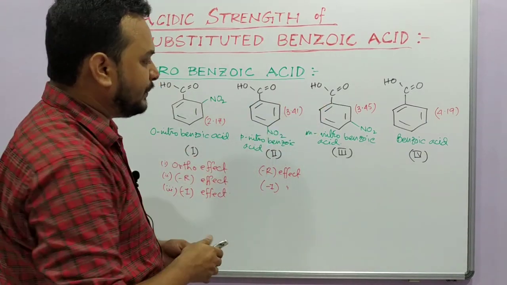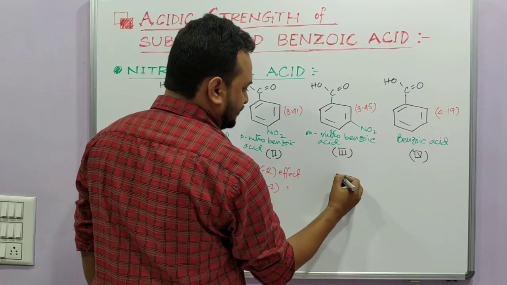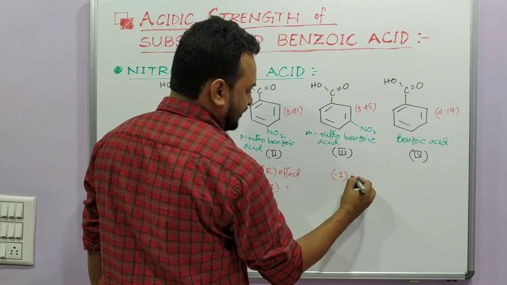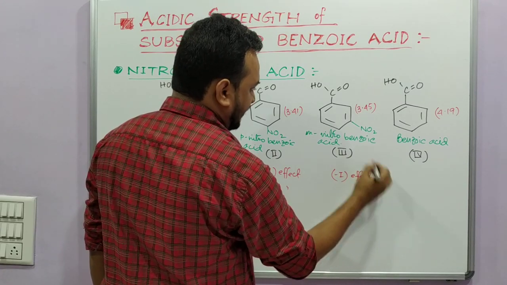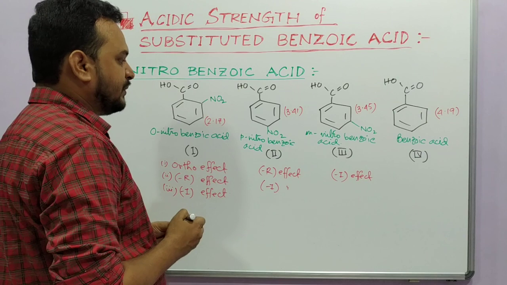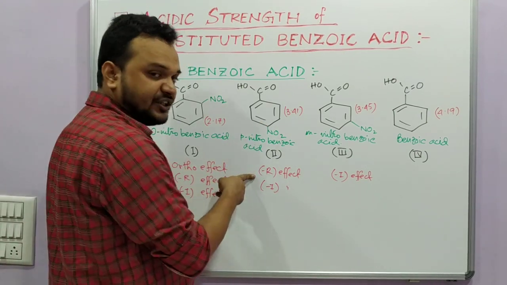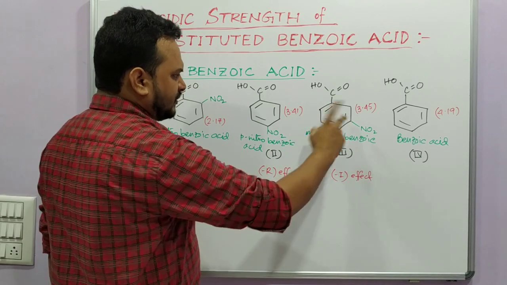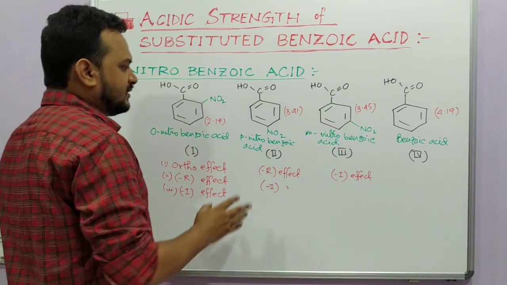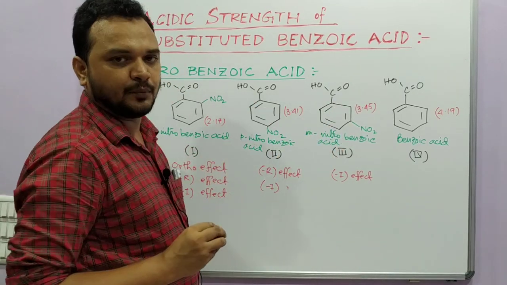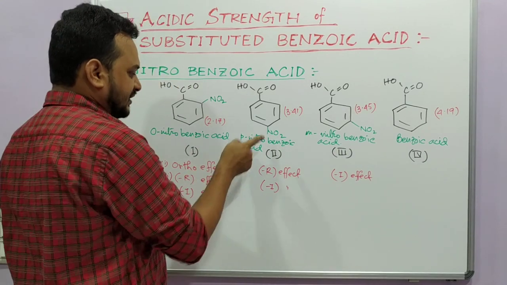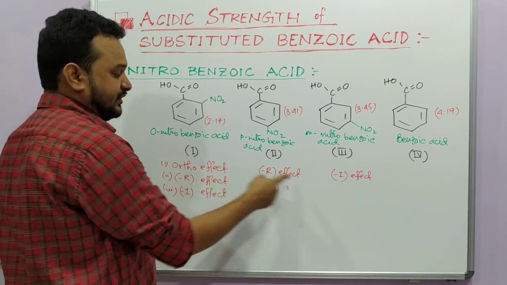Now when we go to meta-nitrobenzoic acid, there is only the minus I effect, but at meta position the minus I effect will be more pronounced than the para one. However, in para, in addition, the minus R effect is there, so the values are almost comparable, para being a little bit more acidic, just a little bit, just because of the strong minus R effect which is absent here.